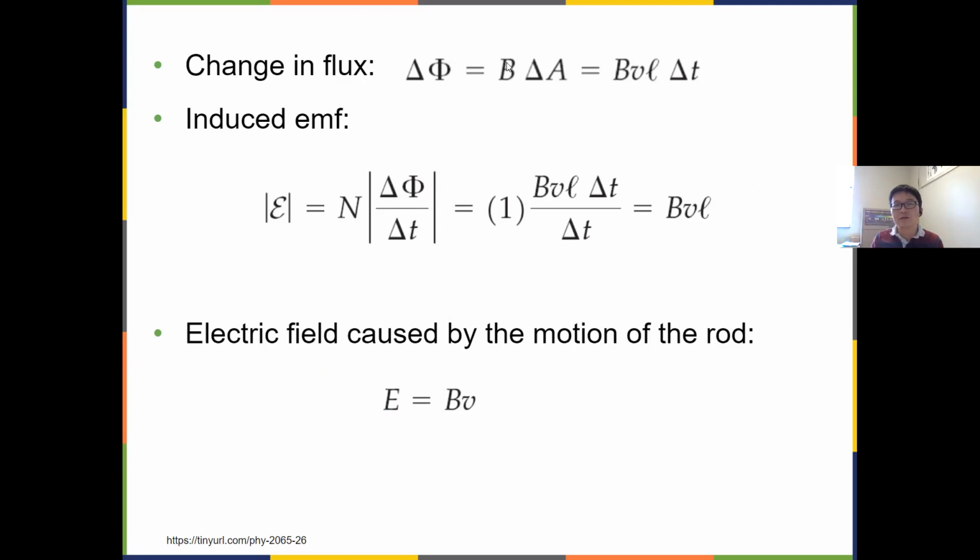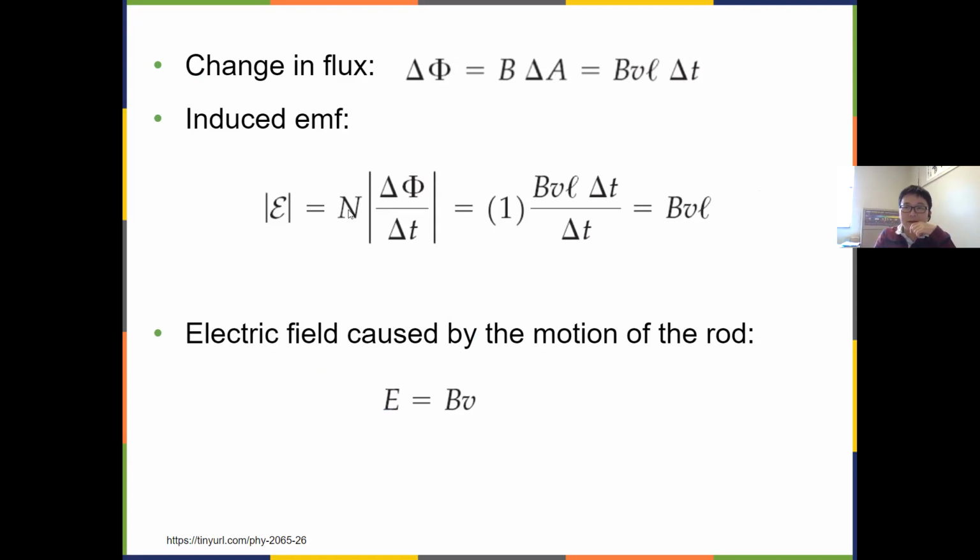So that's analyzed. When it reaches constant velocity, the flux will still be changing, equal to the constant magnetic field times the changing area. The changing area will be equal to the width times the distance traveled by the rod. So L will be the width, and the distance traveled will be V times delta T. So that will be the area, and that's delta phi.